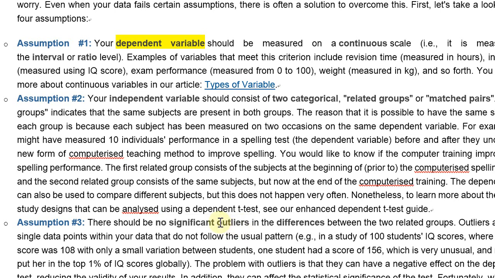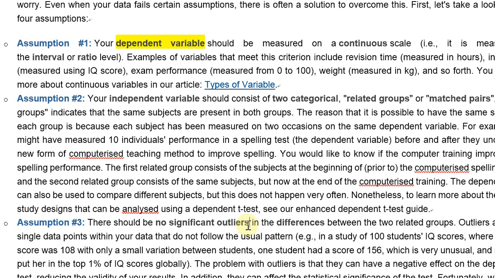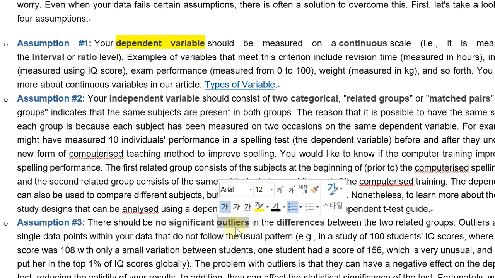If there is an outstanding value, it twists the whole set of variables. So in this case, the outlier should be omitted, should be deleted, right? I have experienced this enough in my class.